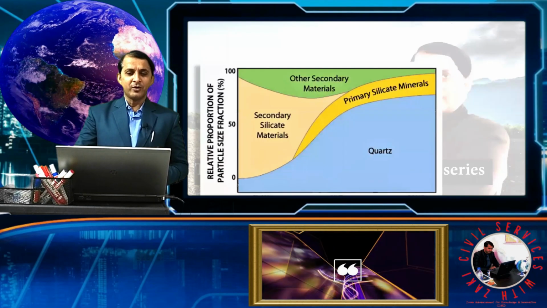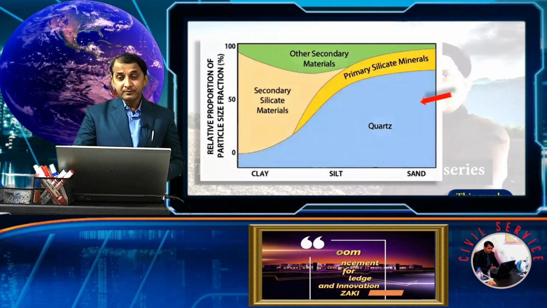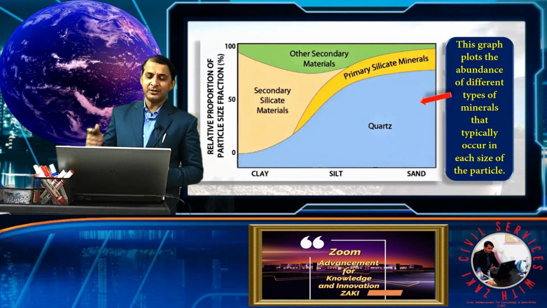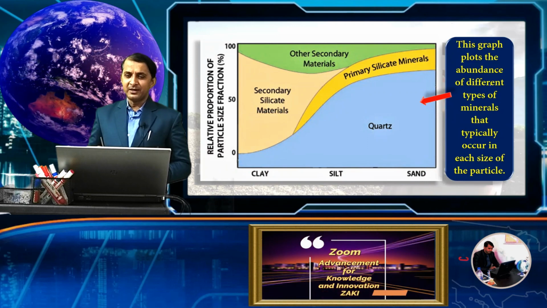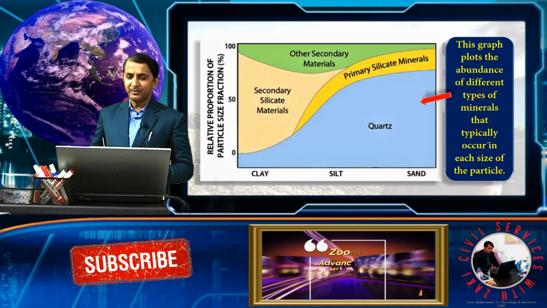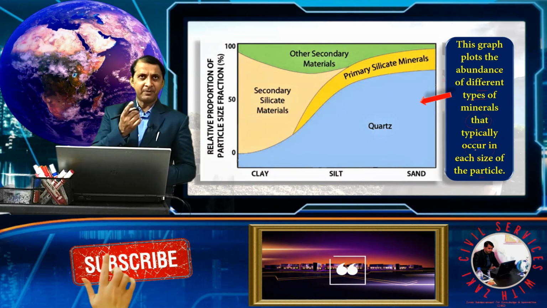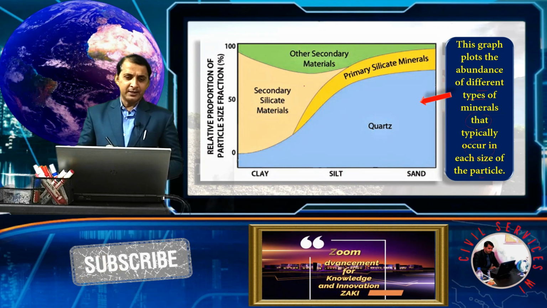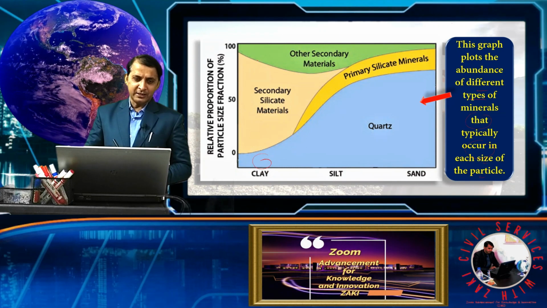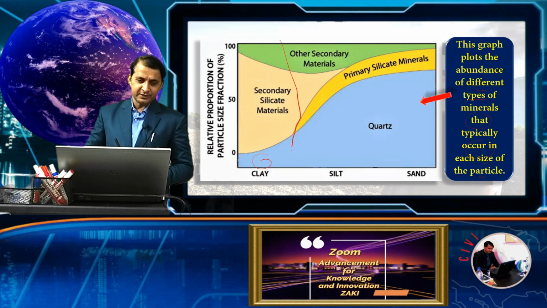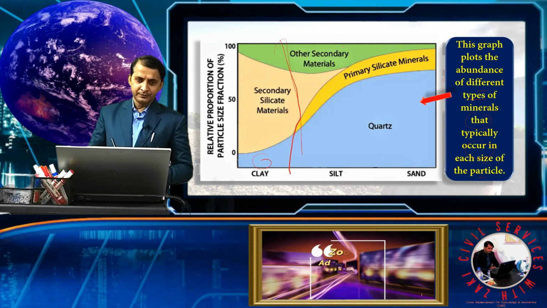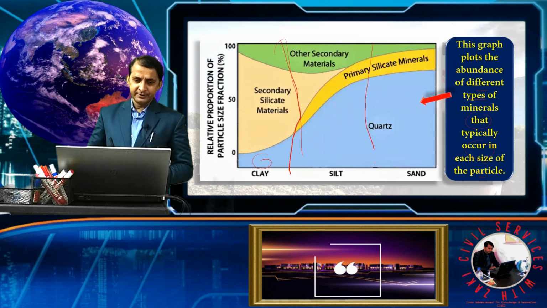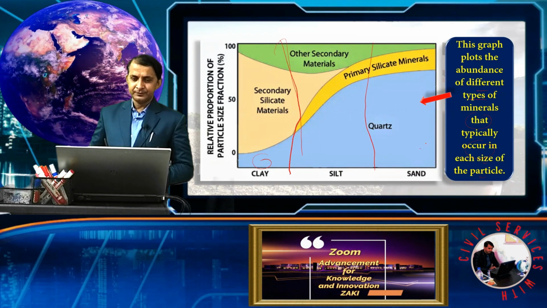So we move forward and see the interface. If you see this graph, it plots the abundance of different types of minerals that typically occur in each particle size. Here it is clay soil, it is silt, and it is sand.